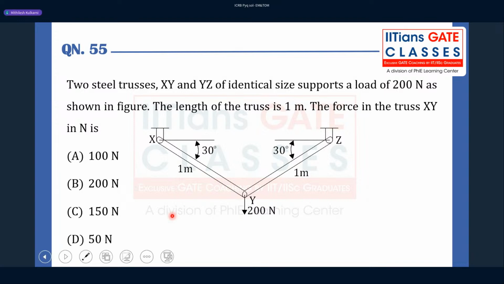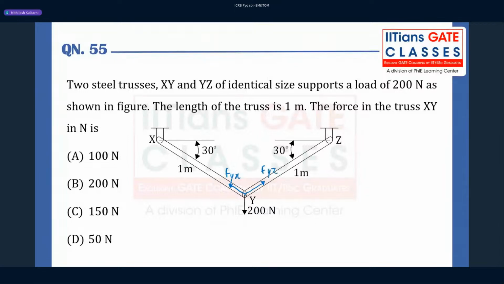So let's try to solve it by using the free body diagram. We can clearly see that these angles are... maybe I'll use a blue pen here. We have one load in downward direction. We will have tension in both these trusses. Let's call them Fyx and Fyz.